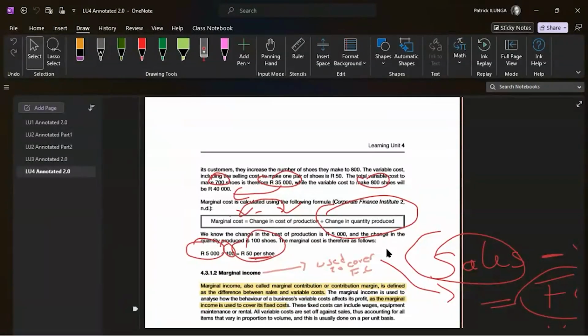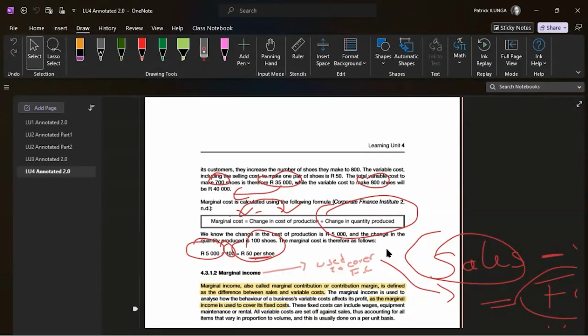Now, are you ready? Let's go on a quick example. We have a marginal cost. They are telling us they're just going to change just a little bit. How many units have they been doing here? So they say that they increase the number of shoes they make to 800.